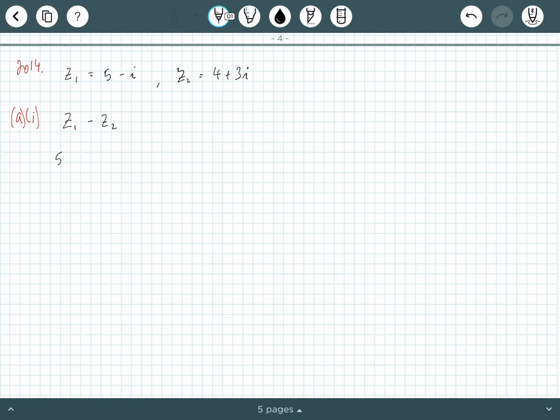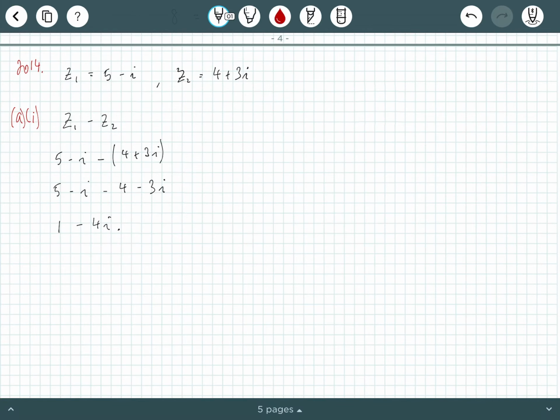Well, that would be 5 minus i minus, don't forget, bracket 4 plus 3i, because that minus will change the signs. So 5 minus i minus 4 minus 3i. 5 minus 4 is 1, minus i minus 3i is minus 4i. Real with real, imaginary with imaginary.